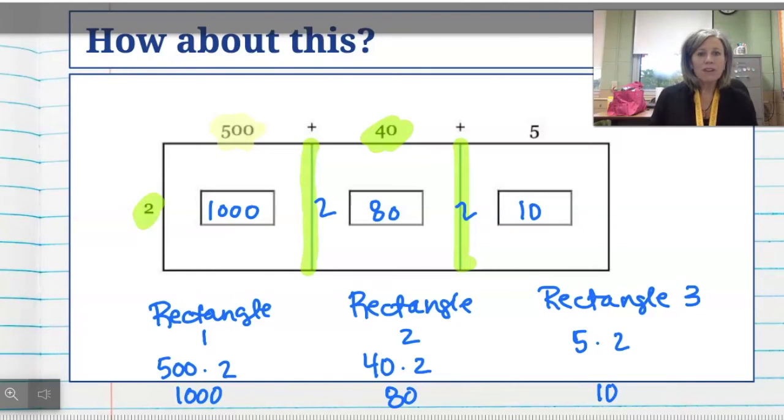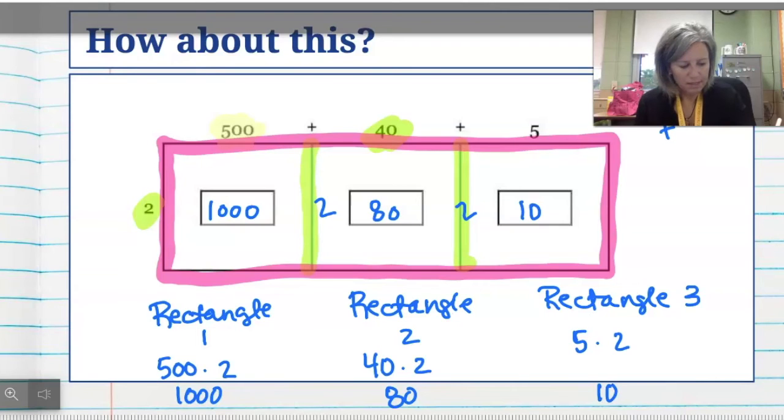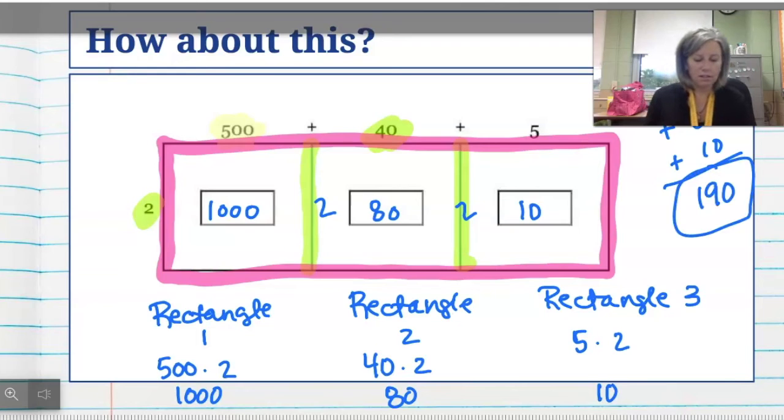And now to find the area of the entire rectangle, which would be this here, I'm going to add 100 plus 80 plus 10, and the area of my rectangle, or sorry, I made a mistake. Anybody find my mistake?